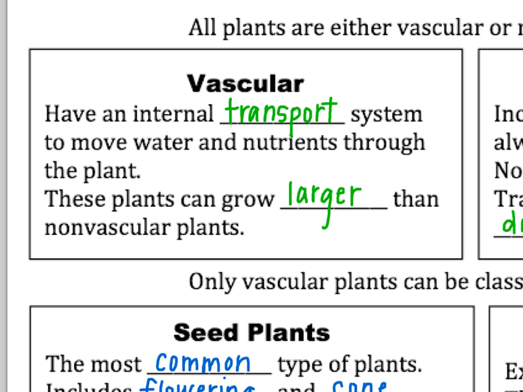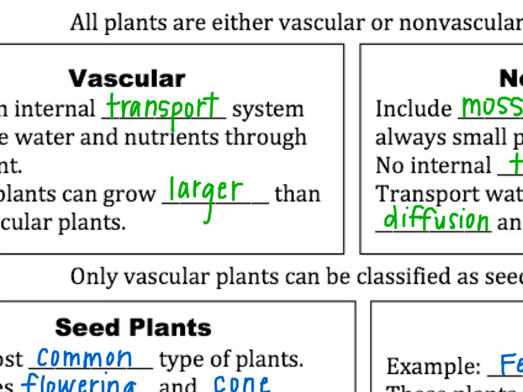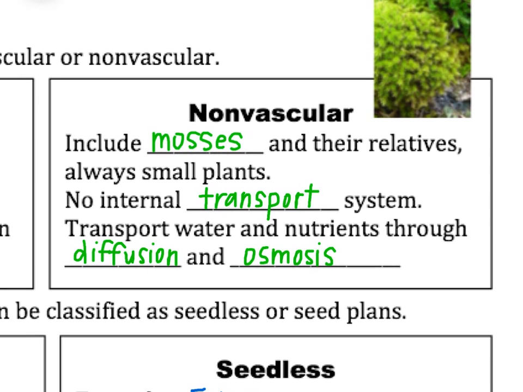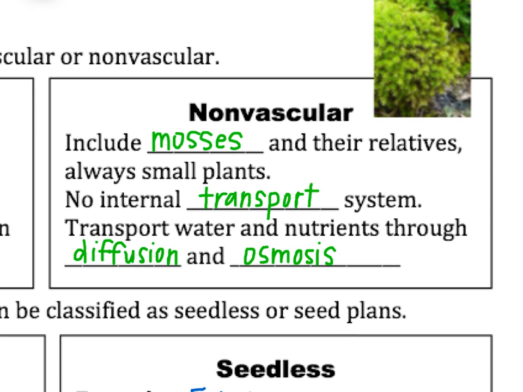So plants that don't have an internal transport system are called non-vascular plants. And non-vascular plants are things like mosses. There's a picture of moss there. And they're called non-vascular because they don't have an internal transport system. So what they have to do instead to be able to get water and nutrients is they transport these things through their cells through diffusion and osmosis.